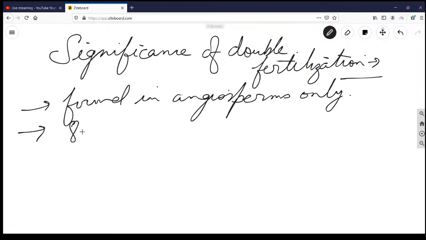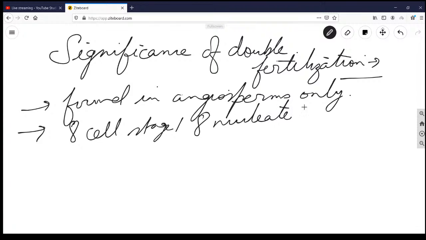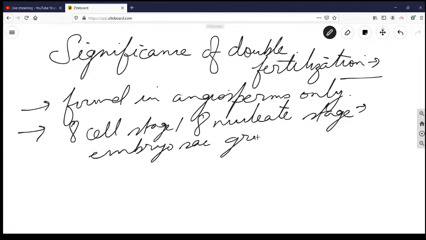So after the 8-nucleate stage, the embryo sac growth ceases, and it only happens after the formation of the zygote and the primary endosperm nucleus.